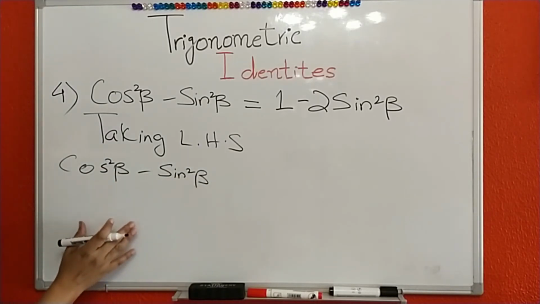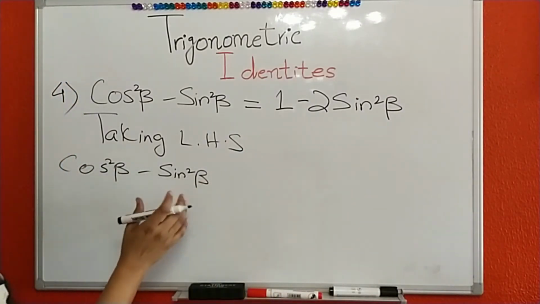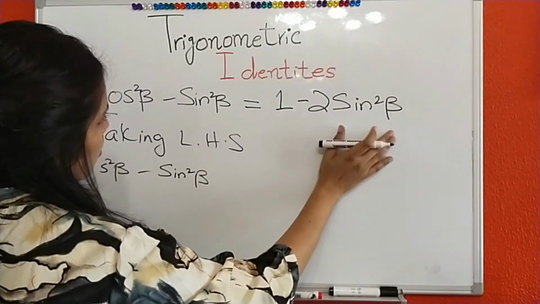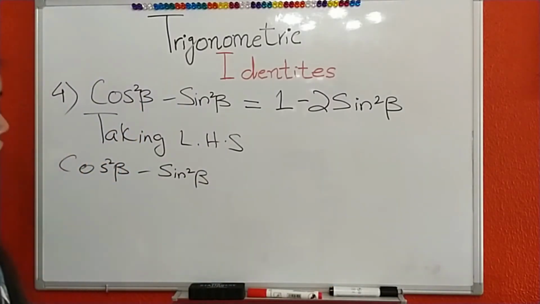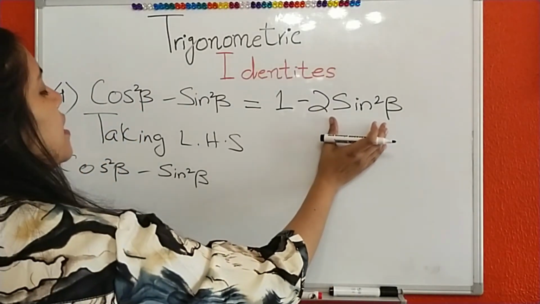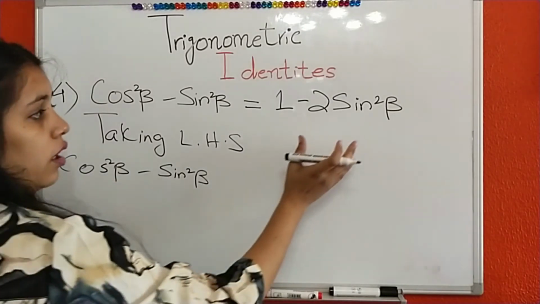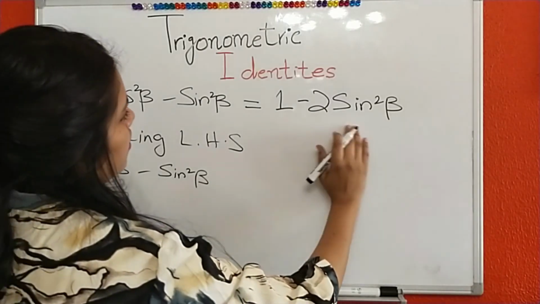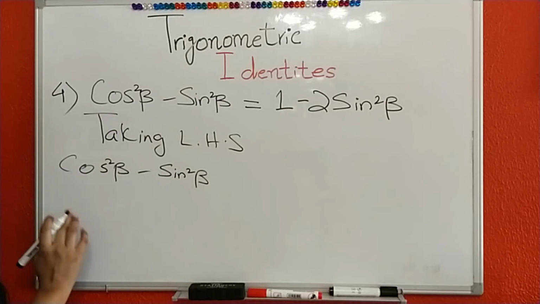Now I need to focus on the right hand side because I want to check if the right side is in cos or sine. You can see it is in the sine. If your answer is in the sine, then you need to convert the cos. But if your other side is in cos, then you need to convert the sine. Here, the right hand side is in sine, so I need to put the formula of cos.